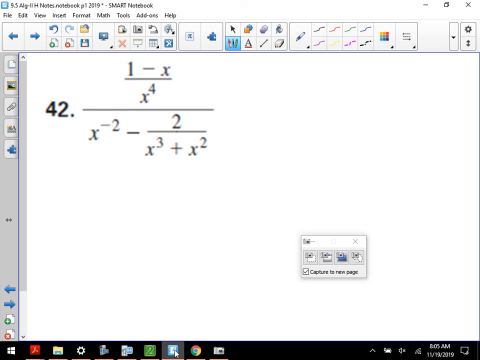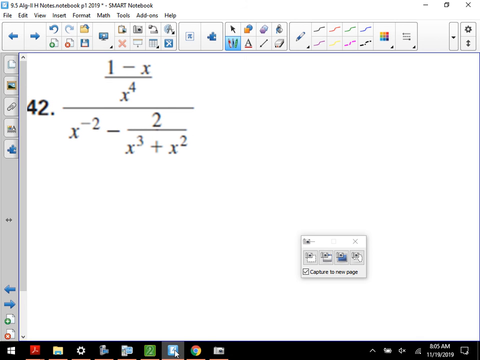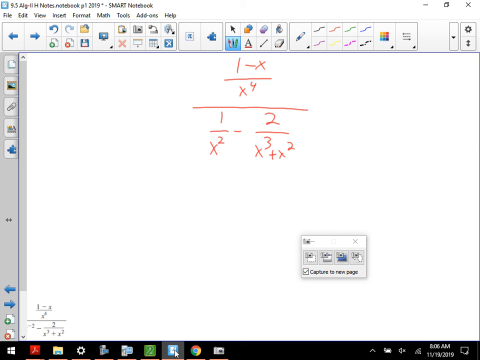So this is, we still have 1 minus x over x to the 4th all over 1 over x squared minus 2 over x cubed plus x squared. Negative exponent just means it's not happy where it's at, so you flip to the other side. In case you forgot that.